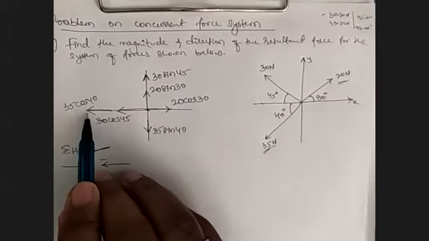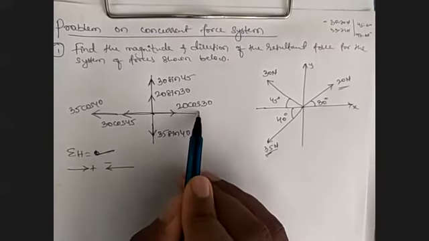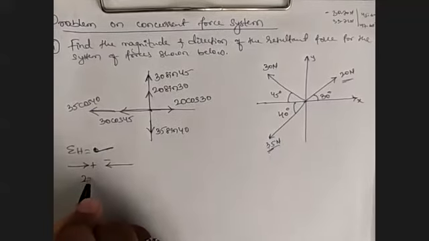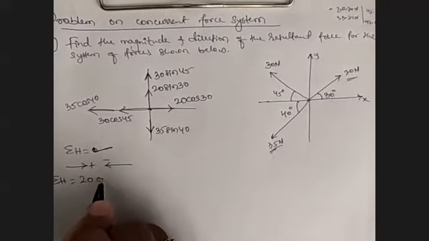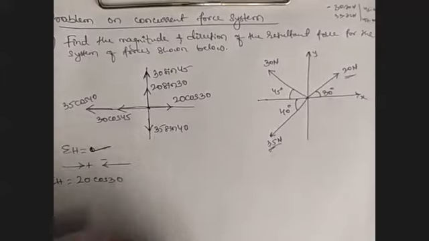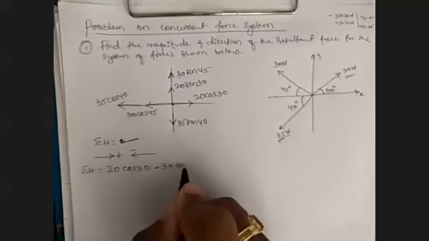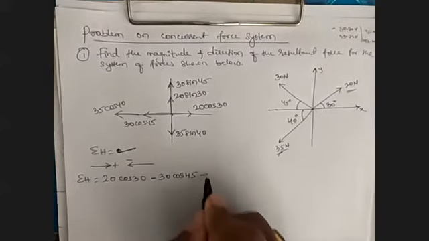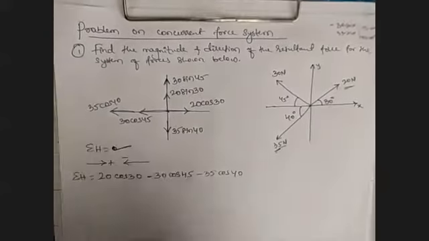As I told, right side acting forces are positive, left side acting forces are negative. Now look at this. We have a total of three forces, in which one is acting towards the right, whereas two are acting towards the left. So summation of H is equal to 20 cos 30, which is positive, then minus 30 cos 45, minus 35 cos 40.